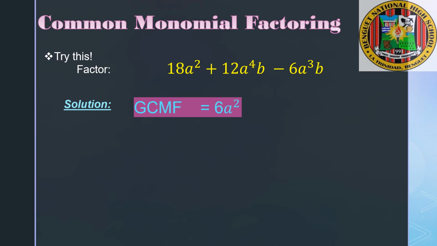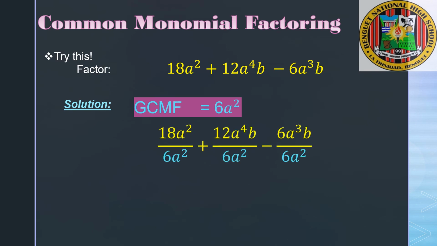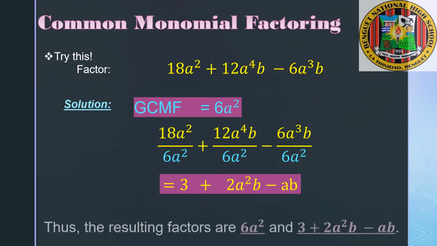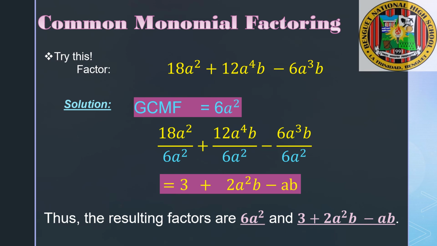Now that we know the GCMF, we now use it to divide all three terms to get our second factor, which is 3 plus 2a squared b minus ab. This means the factors for the trinomial we are given is 6a squared and the quantity 3 plus 2a squared b minus ab.